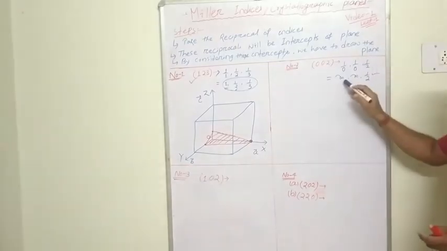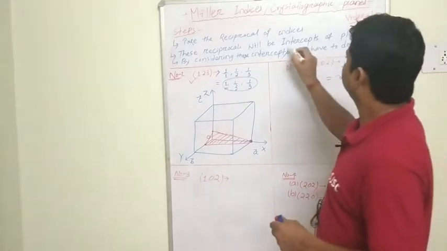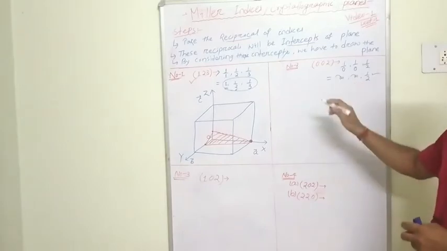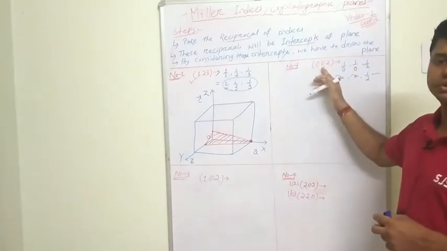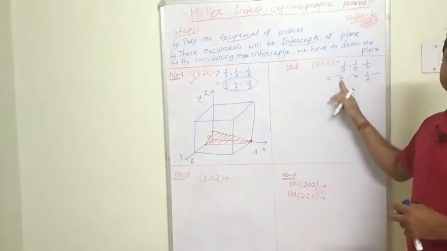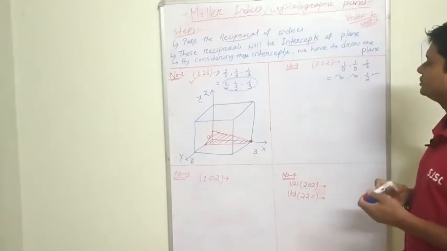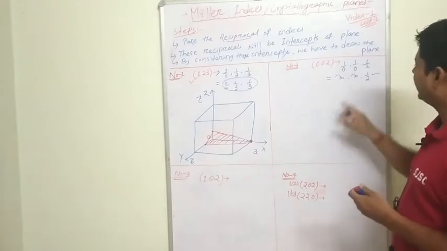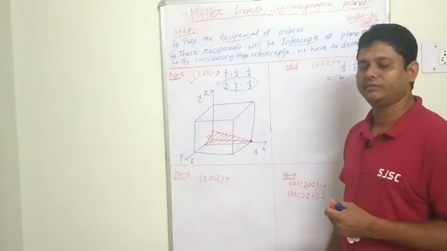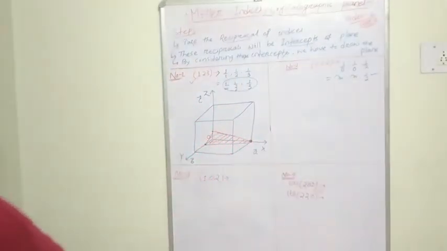These numbers represent the intercepts of the plane having the Miller indices 0, 0 and 2. Here the x intercept is infinite and the y intercept is infinite. That means the plane cuts the x-axis and y-axis at infinity, so the plane is parallel to both the x and y-axis.